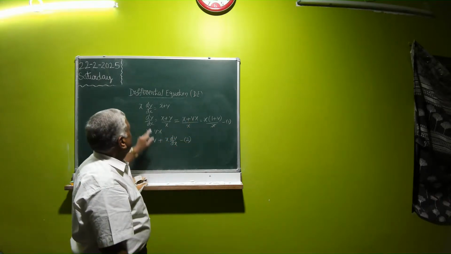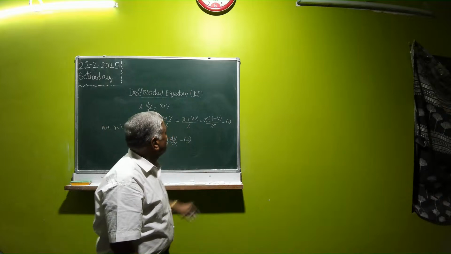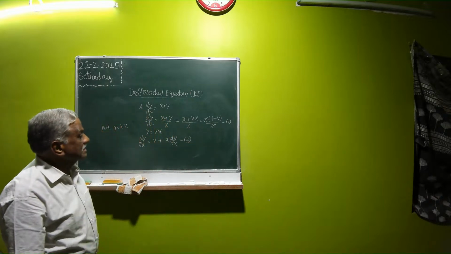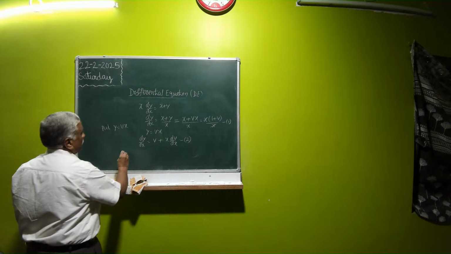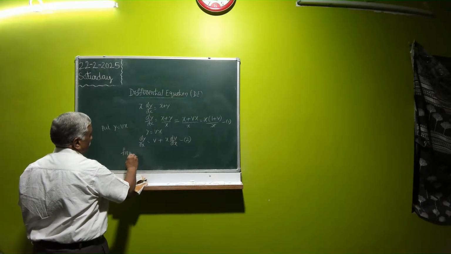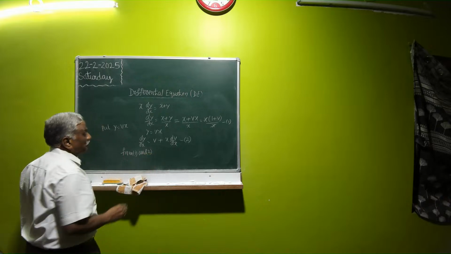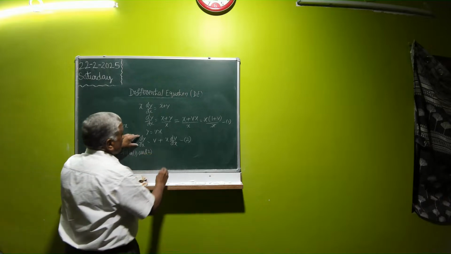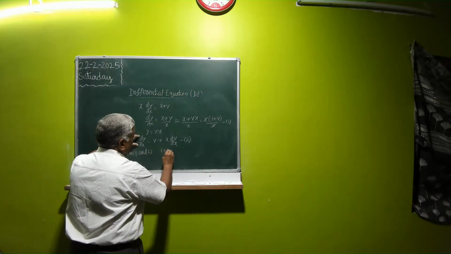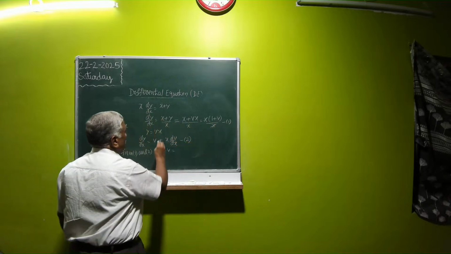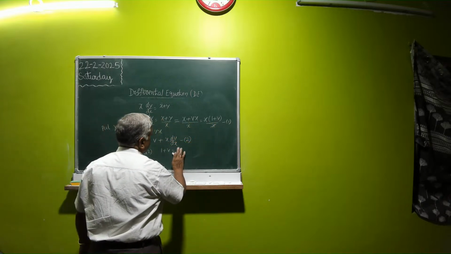Now I have got dy by dx equals 1 plus v, and dy by dx equals v plus x dv by dx. So from 1 and 2, these steps are same for every problem. In place of dy by dx, I can write 1 plus v. Here I write as it is.